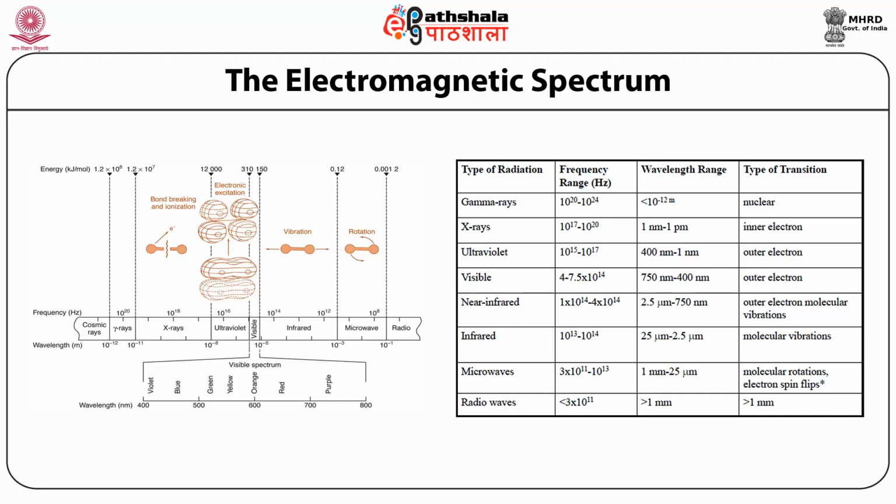The IR region, which is typically broken into near, mid and far IR, is utilized in vibrational spectroscopy, as the frequency of radiation therein corresponds to molecular vibrations.